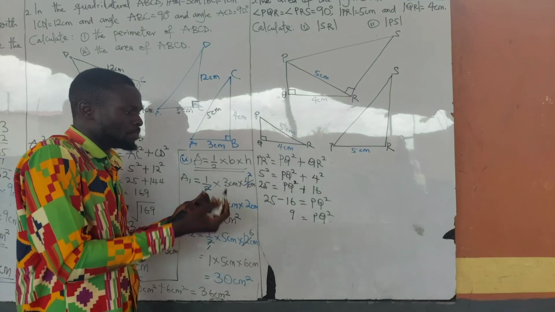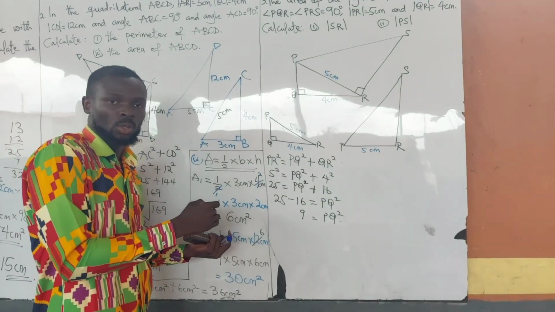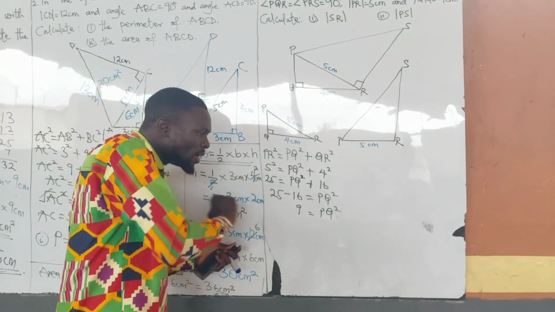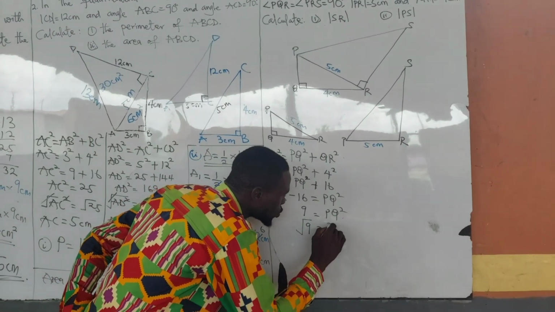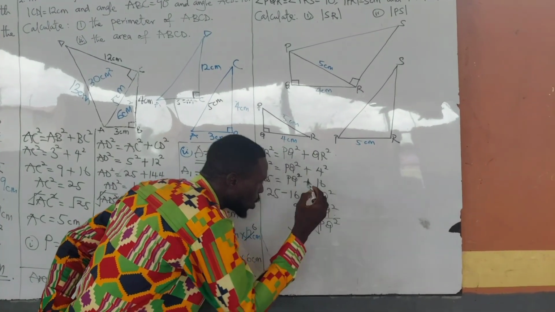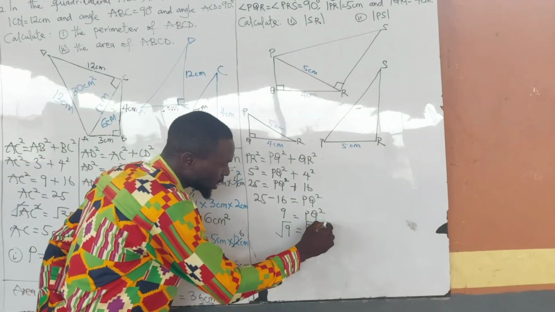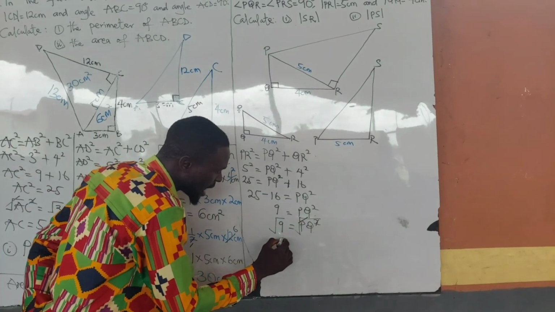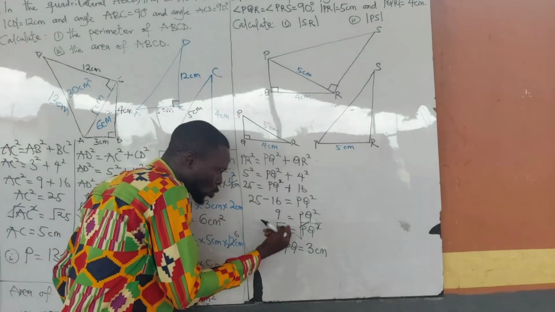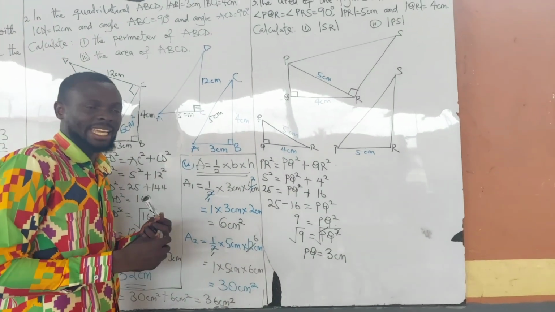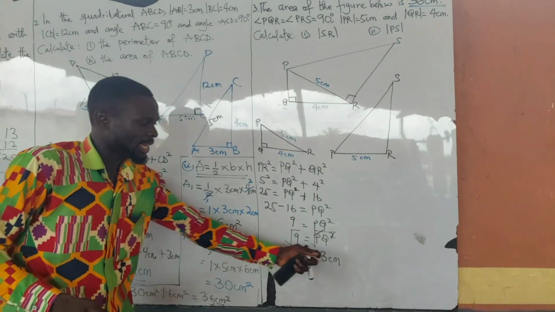I want PQ to stand alone. So what do I do? Square root both sides. The square root of 9 is equal to the square root of PQ squared, so this will cancel out this. Now I have PQ to be 3 centimeters, because the square root of 9 is 3.